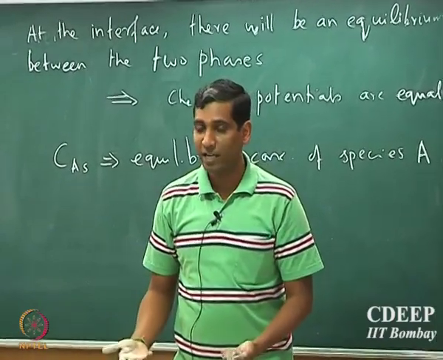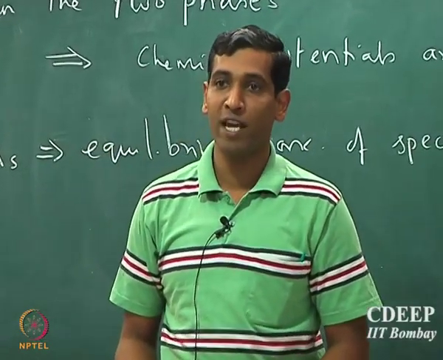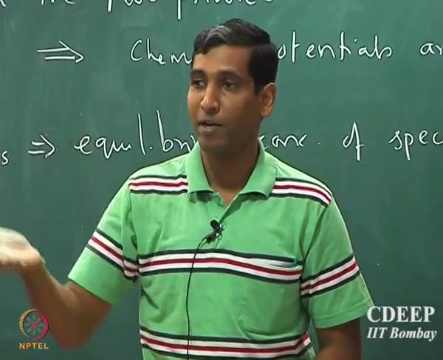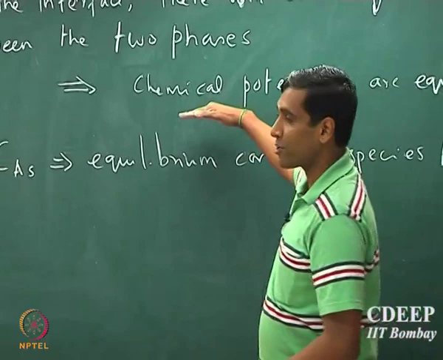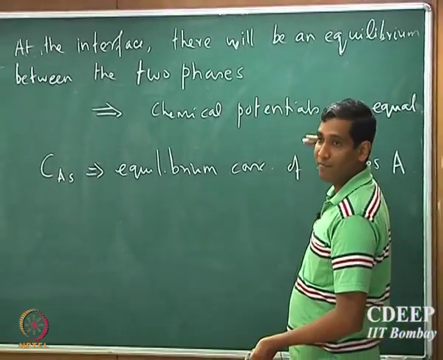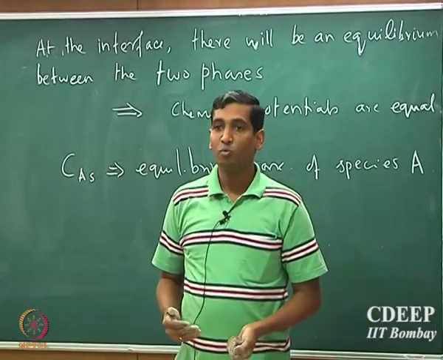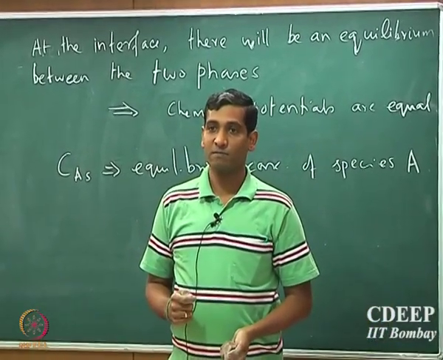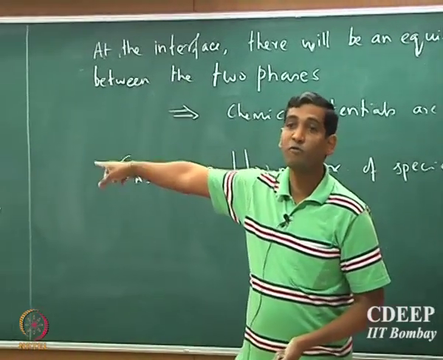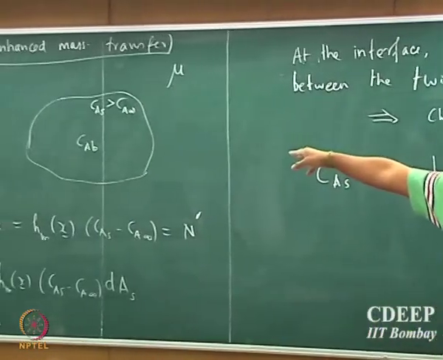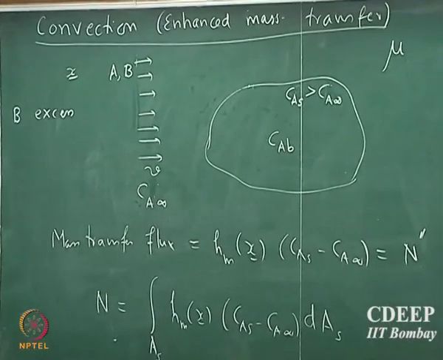So unlike in heat transport, a system does not have an infinite capacity to take up mass. There is an upper limit, and the correct way to balance that upper limit is by equating the chemical potential. And so what equilibrium concentration really means is, based on the solubility of the species in these two phases, what will be the equilibrium concentration if the chemical potential has to match. Okay, that's what that interface concentration is.